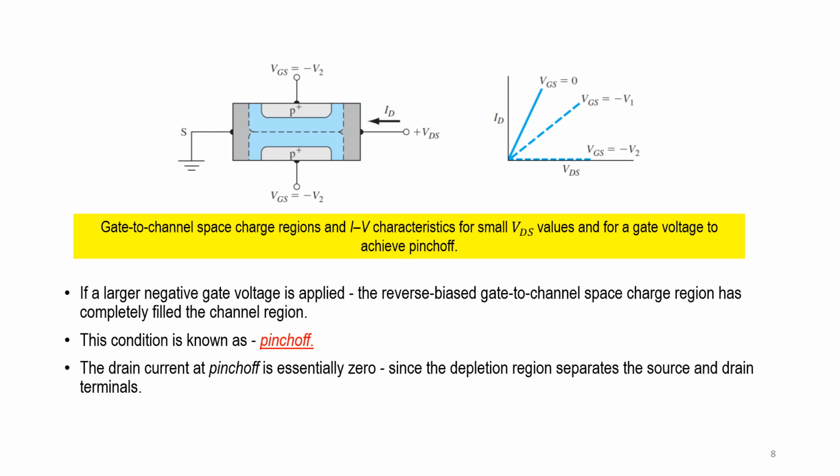So when we apply a larger reverse bias voltage to the gate, the holes in the p-type substrate attached to the gate will be more attracted to the negative terminal, until at a certain point both sides of the p-type substrate meet together.